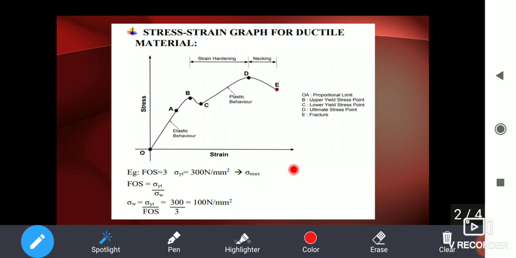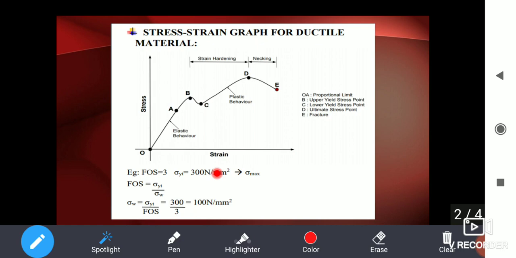Now, what is the conclusion from this? If we are using the yield stress as the maximum stress for designing a material, then if the material reaches this value of 300, which is the maximum value, after that it can break anywhere. So our aim is to operate the material in a region where the stress is always lesser than 300 Newton per millimeter square.